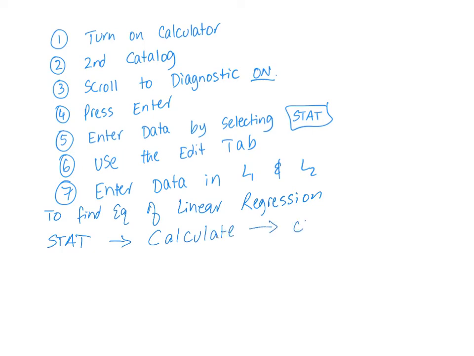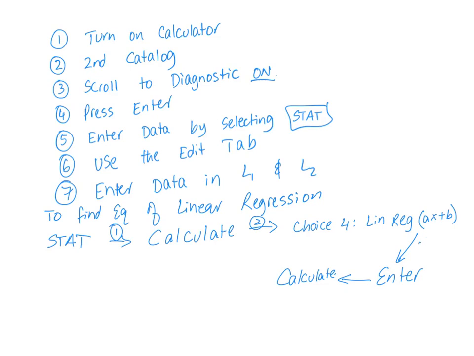And then you go to choice 4, which says linear regression AX plus B. And then you hit enter. And finally you get calculate. So here you've got 1, 2, 3, 4 steps. Those 4 steps will get you to your calculate part.